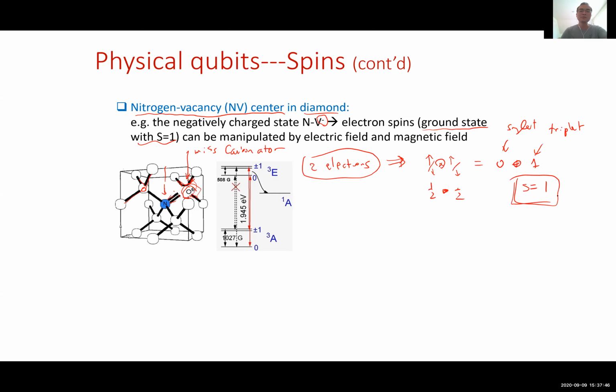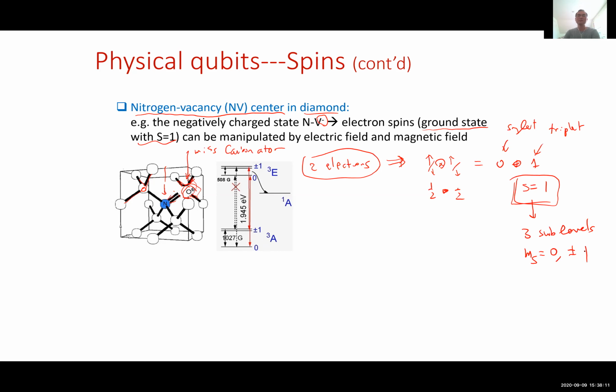Okay. Here is the level diagram. Basically, the spin s equal to 1 has 3 states, 3 sub-levels. And sometimes we use ms to denote 0 and plus minus 1.